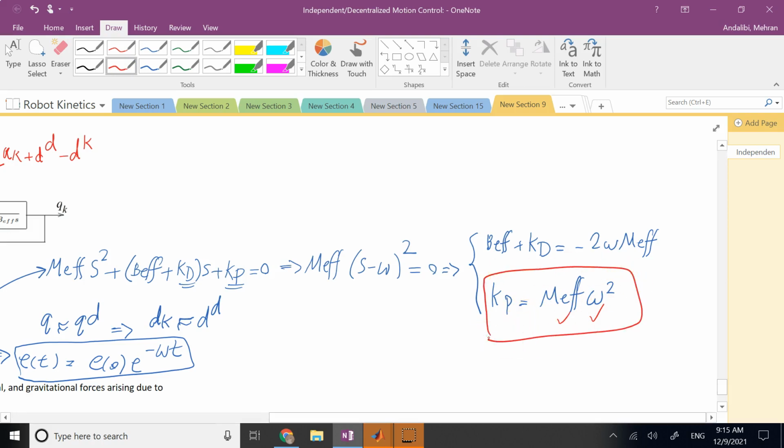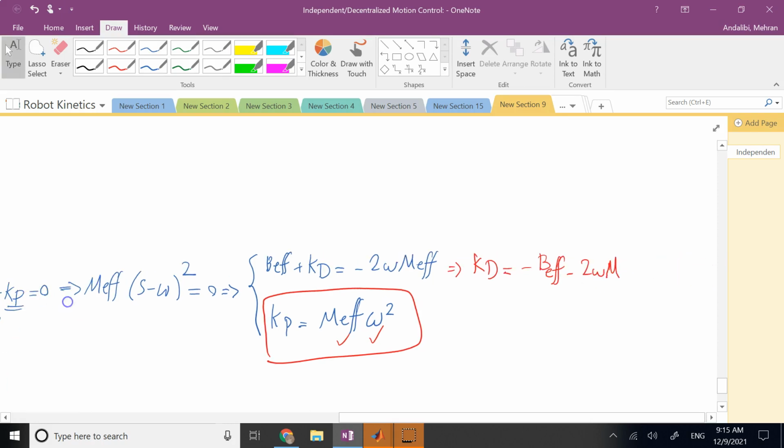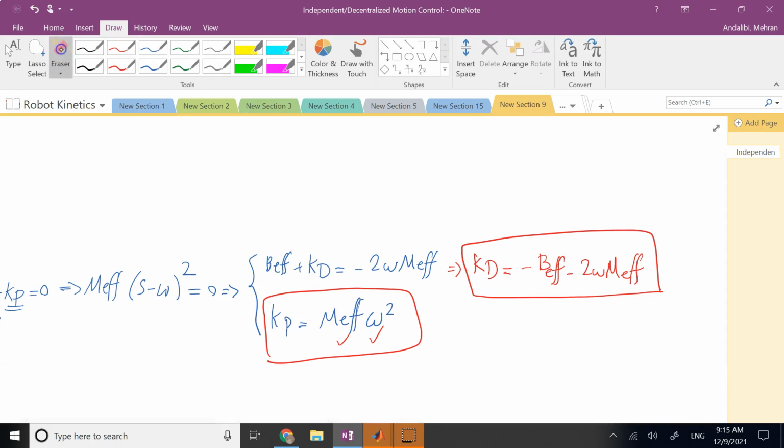Then if I go from the top one, my kd is going to be what? It is going to be negative b effective minus 2 omega m effective. Correct? So by choosing your gains properly, or actually here it should be s plus omega.